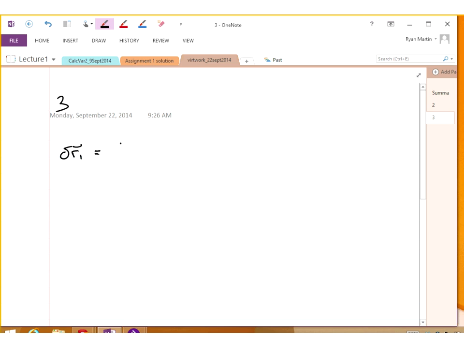So delta R1, remember, is given by the partial of R1 vector by the partial of q, delta q. There's only one q, which is theta, right? That's the same as the partial of R1 vector by the partial of theta, delta theta.